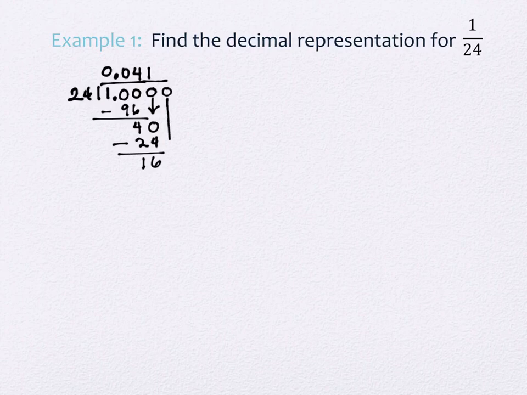Put another 0. How many 24s are there in 160? There are 6. Yes, indeed. So 6 times 24 is 144. And what do you get when you subtract? 16.